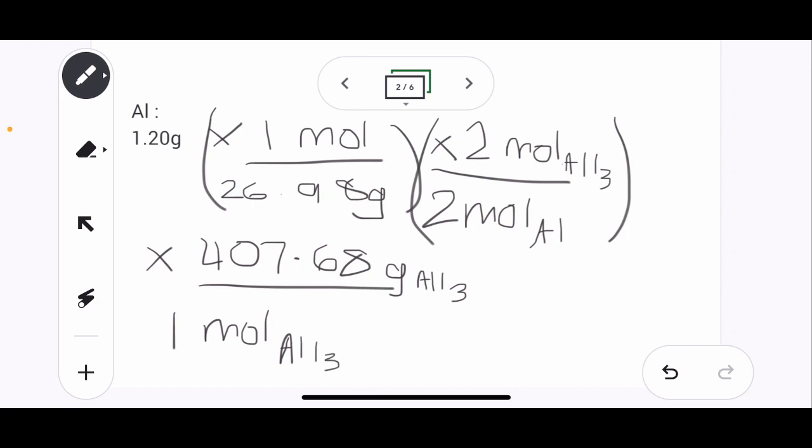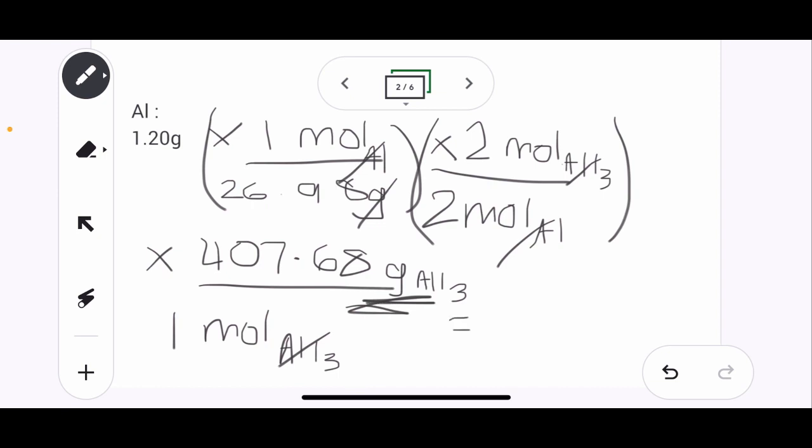So now we have 1.2 grams of aluminum, and then we're dividing that by its molar mass, so the grams get cancelled out. Now we're in moles of aluminum, and we are converting it to moles of aluminum iodide. The moles of aluminum iodide get cancelled out, and we end up with the grams, which is what we want. We want to know the mass of the product.